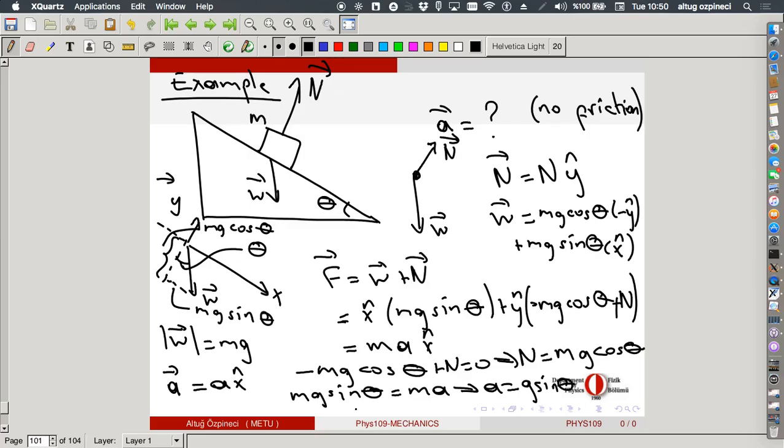The acceleration is g sine theta in the x-hat direction. This is the answer. If you just leave it over here, it's not yet complete. This is just the magnitude, or the component, of the acceleration. Now, any questions on this one?